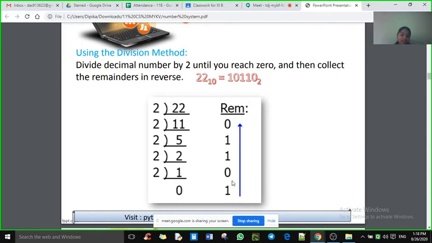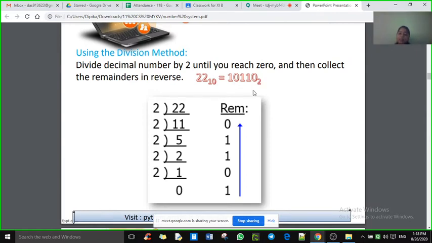The result will be 1, 0, 1, 1, 0. Now I will write it in the same order. So 22, which is in the decimal number system, is now converted into which number in binary?